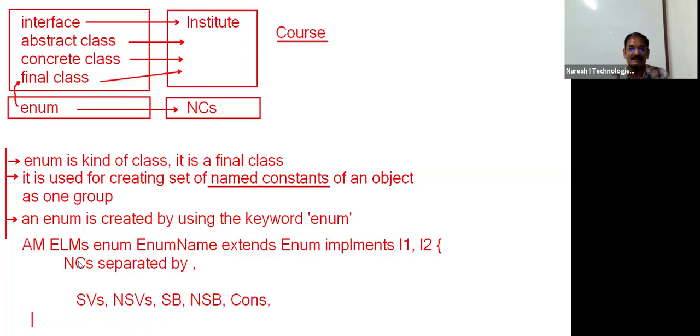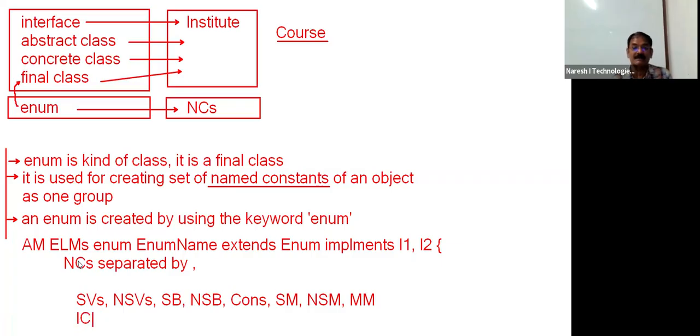Static method allowed. Non-static method allowed. Main method allowed. Is it clear? Then next, very important: is an abstract method allowed or not allowed? Think. If I create a method as abstract, I should declare the class as abstract. Can you declare a final class as abstract? No. So an abstract method is not allowed.